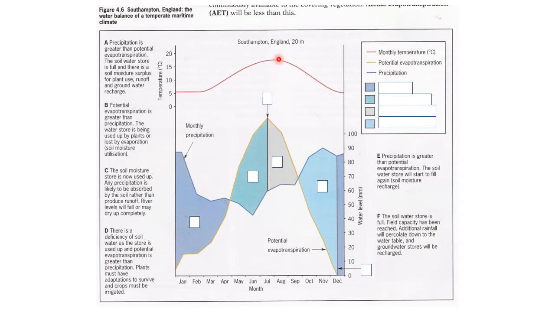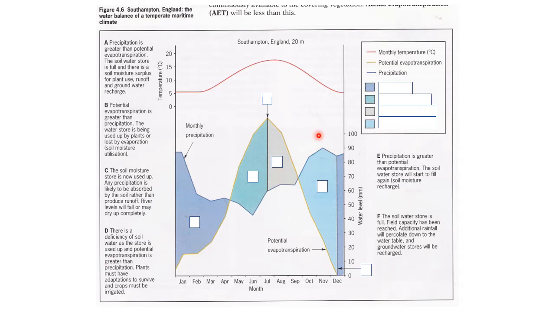It's worth looking at what we're talking about: Southampton, so southern England. This is a pretty typical graph for British soil. Think about the weather. It's wet and coldish during winter and the start of spring, warmer and a bit drier during summer, and then during autumn it gets colder and a bit wetter. So you've got that basic pattern.